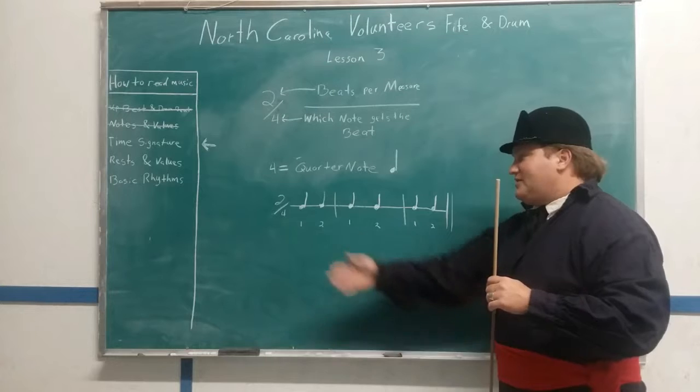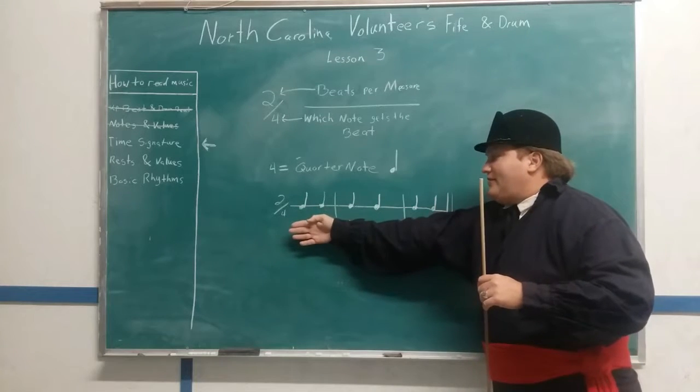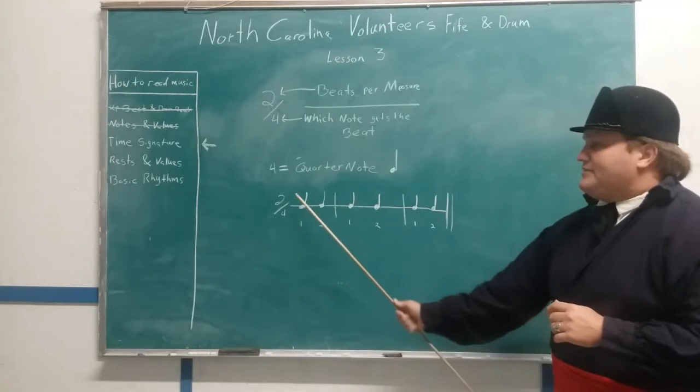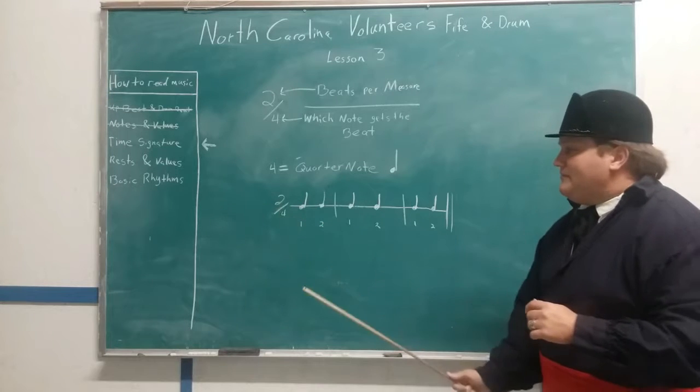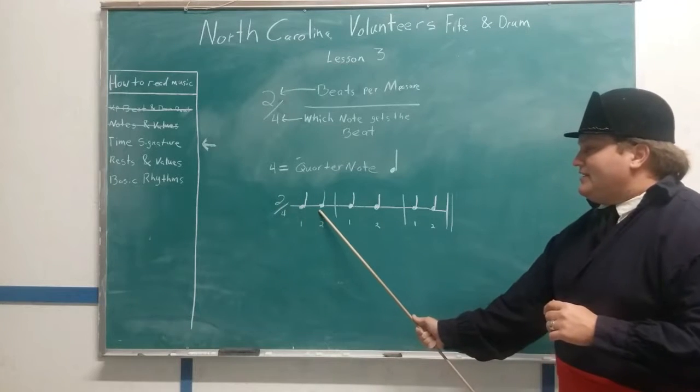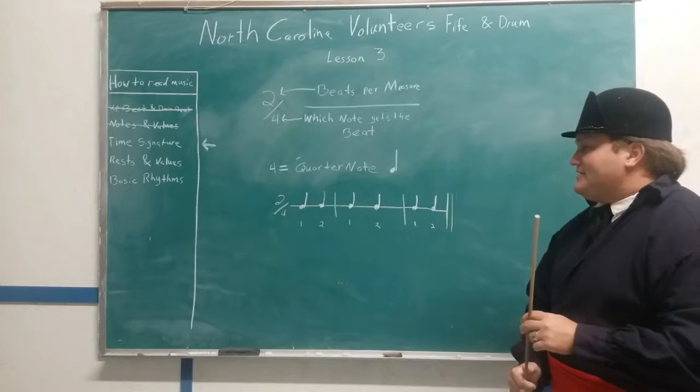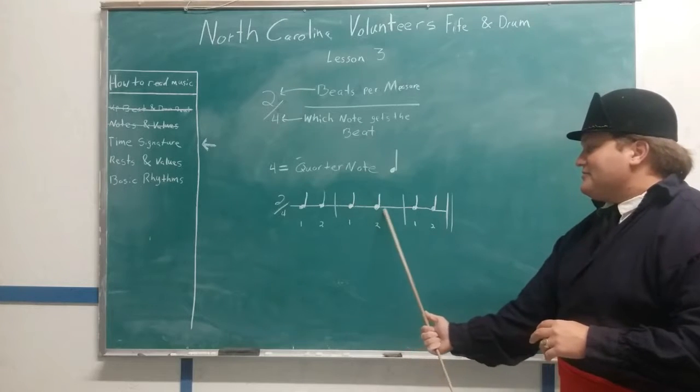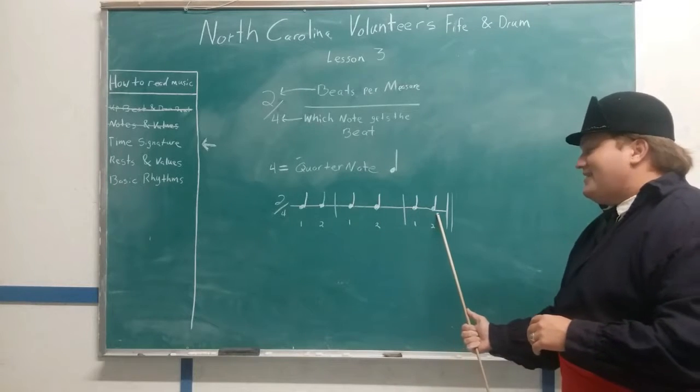All right, so down here at the bottom, I have basically written out what it would be on music, minus the values here at the very bottom. So we have our time signature here, 2/4 time. This is a measure. All right, this is another measure, and then this is another measure.